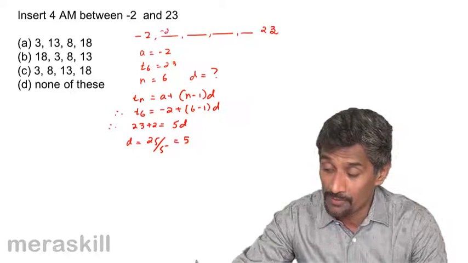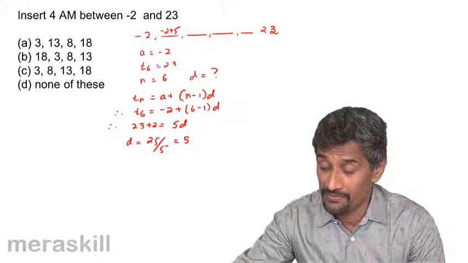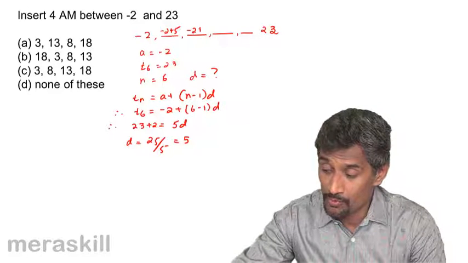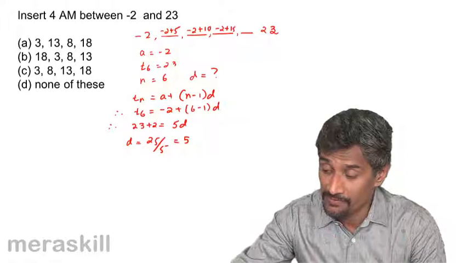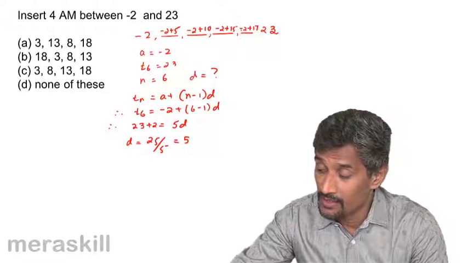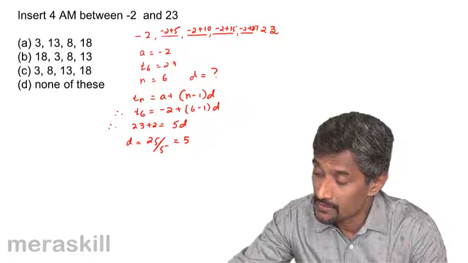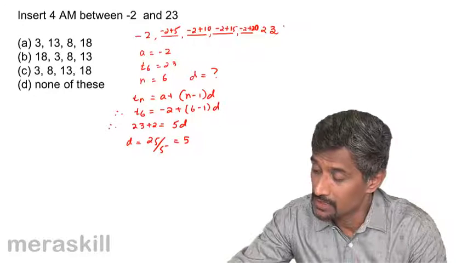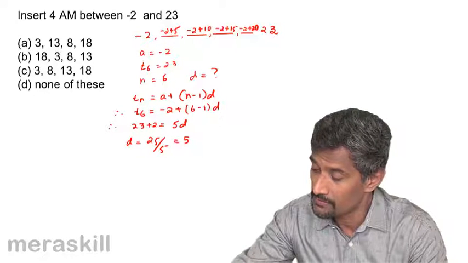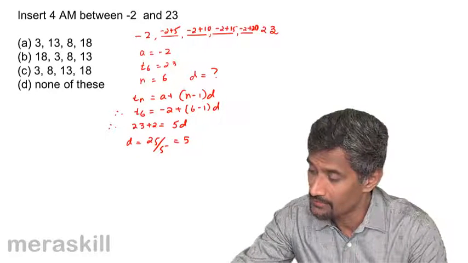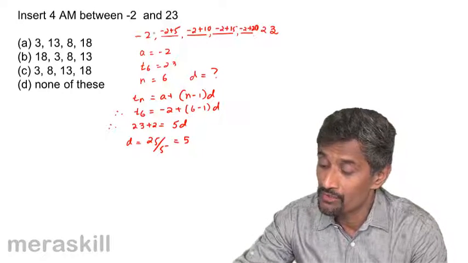So this is going to be minus 2 plus 5. This is going to be minus 2 plus 2 into 5, 10. This is going to be minus 2 plus 3 into 5, 15. This will be minus 2 plus 4 into 5, that is 20. Insert 4 AMs. Right. So what do we have?